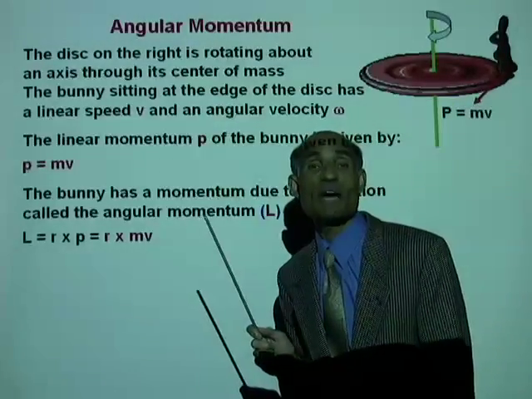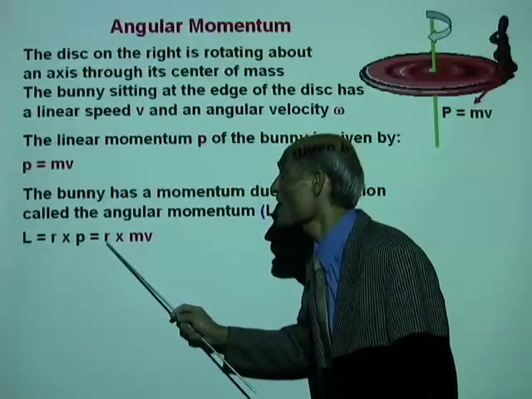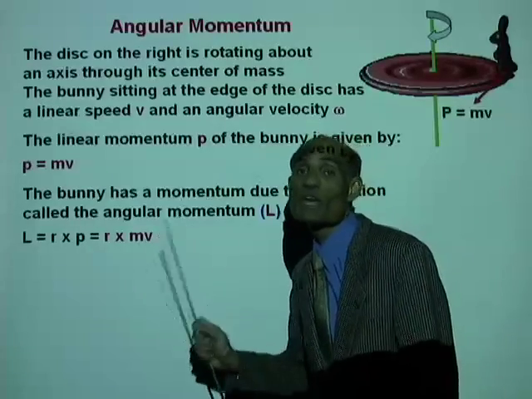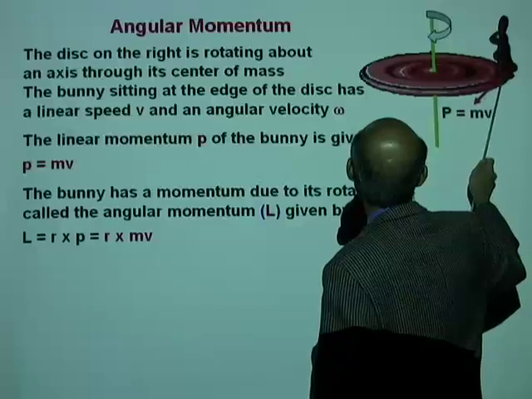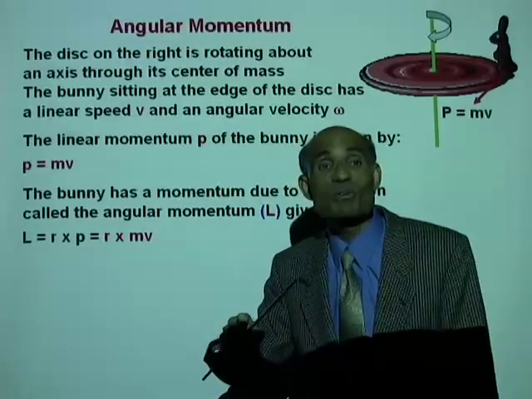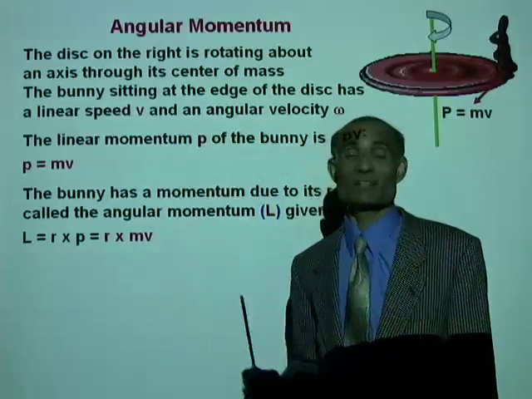They are both at right angles, and therefore we can say it is r times mv. If the angle between r and p is not 90 degrees, then it will become r times mv sine theta.